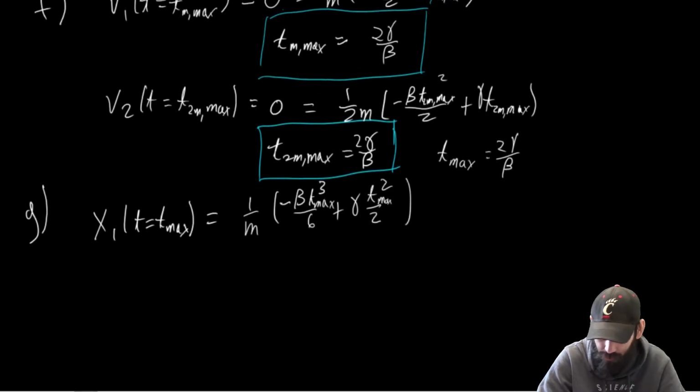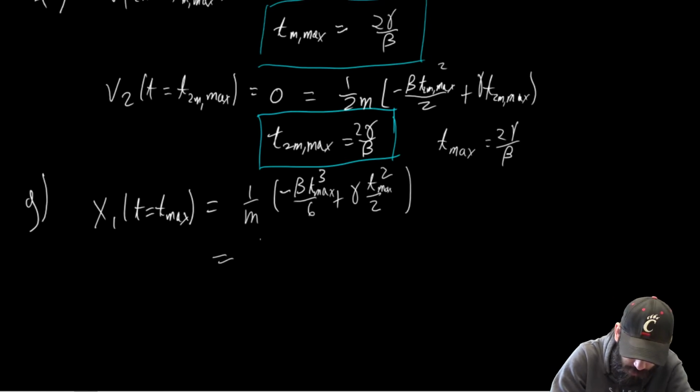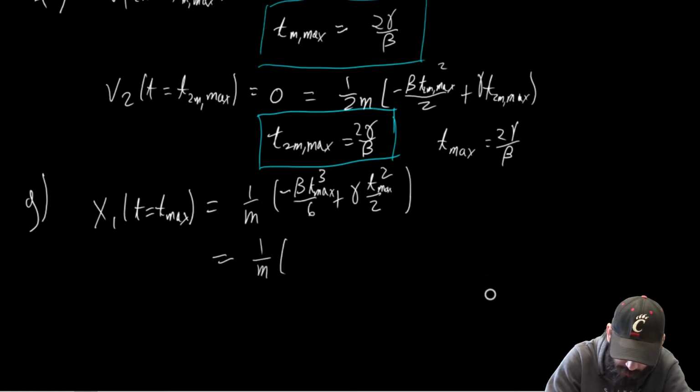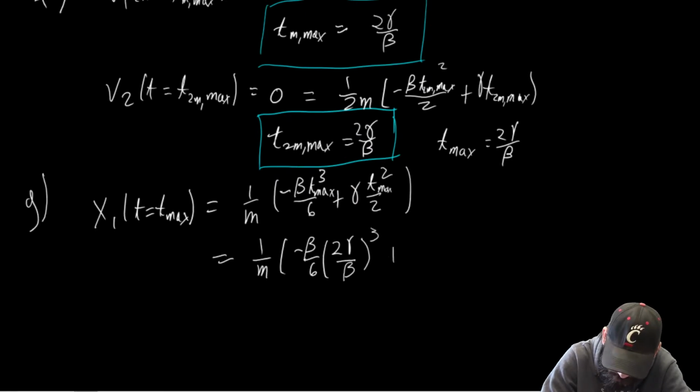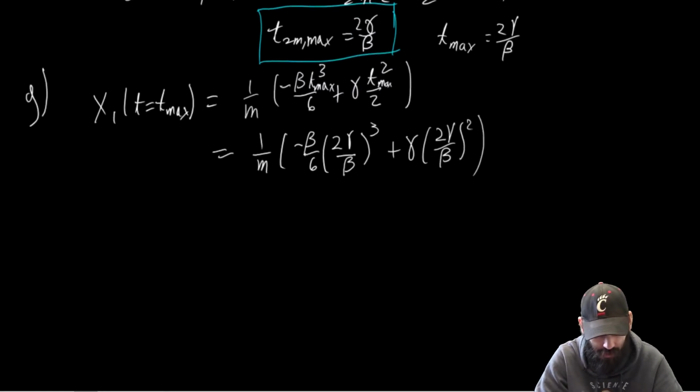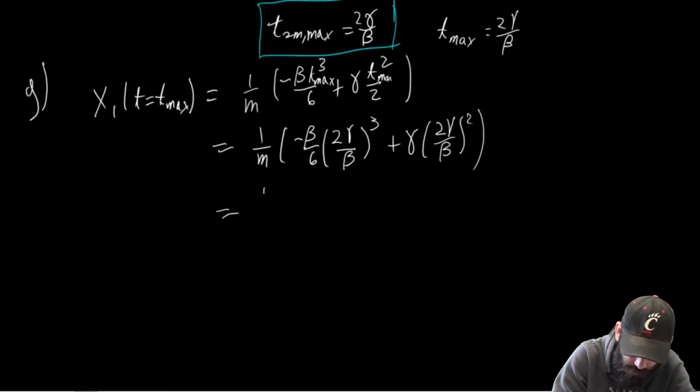Okay, so let's go ahead and take these and plug them in. This is going to be 1 over m times minus beta over 6 times 2 gamma over beta to the third, plus gamma times 2 gamma over beta squared. Okay, so let's reduce this a little bit. This is going to be equal to 1 over m times minus beta over 6.